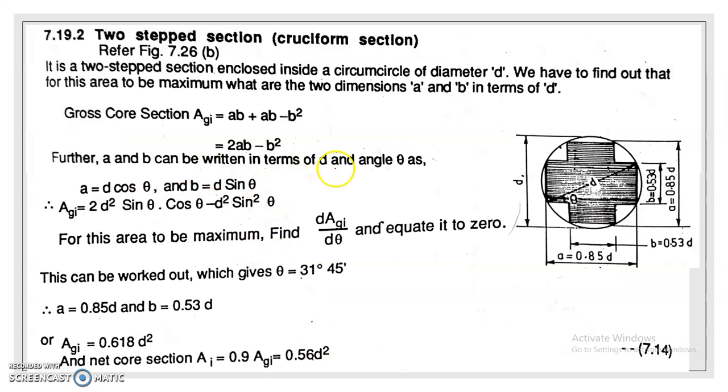Two-stepped core is nothing but, you can see here in the figure, two steps appear. Here one step is like that and another step like that. Here two steps are appearing, that's why it is called a two-stepped section, or it is also called a cruciform section. We can calculate AGI and AI here.